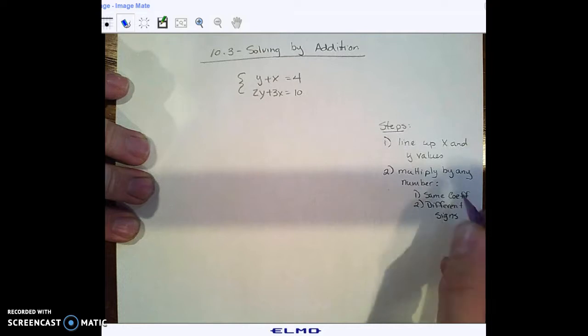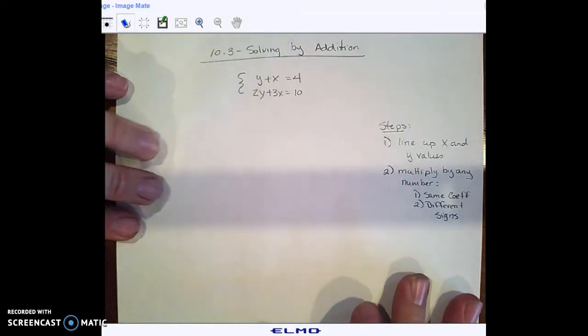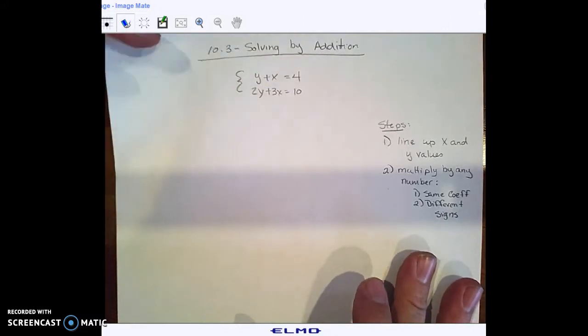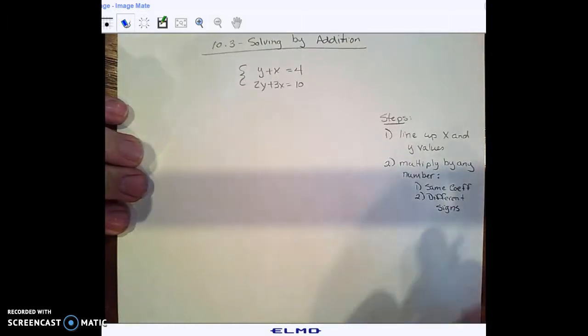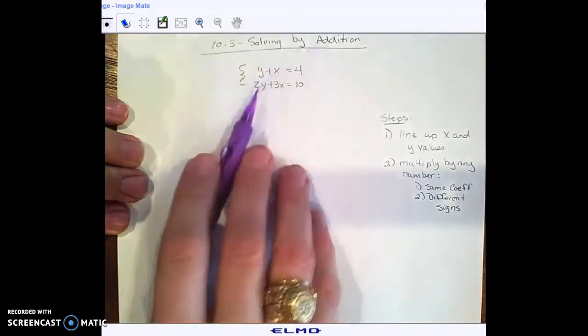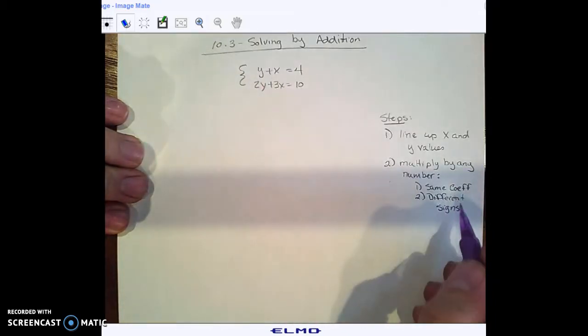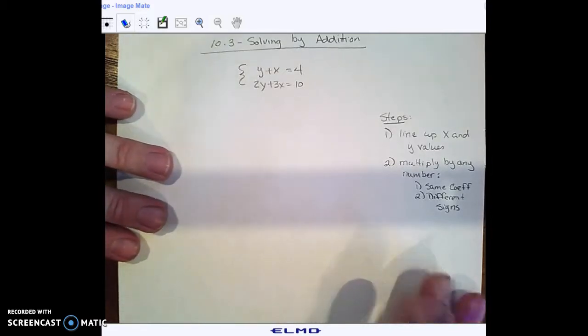What that's going to do for us is, when we end up adding things together, it's going to cancel out one of my variables, because we're solving by addition, which means we're going to be adding these two lines together. If we have the same coefficient with different signs, they're going to cancel out, give me a coefficient of 0, which is going to give me 0.